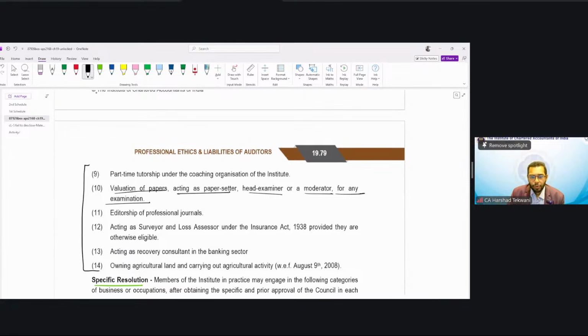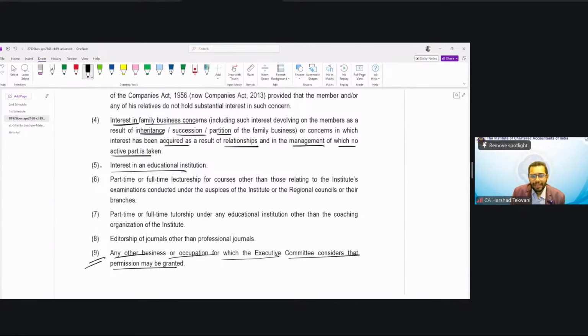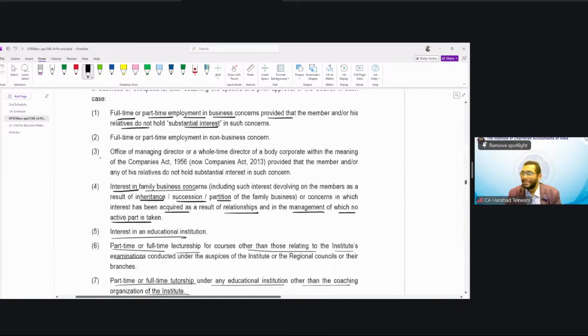If part-time tutorship under the coaching organization of the institute, then general permission. But if you have an interest in any educational institute, part-time or full-time lectureship other than relating to the institute examination, part-time or full-time tutorship under any educational institute other than the coaching organization of the institute, editorship of other than professional journals, in that case, it's specific permission you need to obtain.